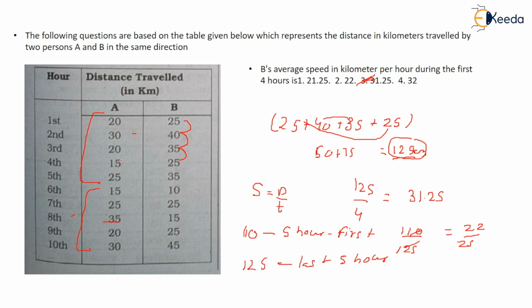Okay, so when you add all those till the 8th hour, you can add this 5 plus 5, that is 10, 15, 20, 25. So 5 in the last goes up, and after adding, 185 kilometers it covered for A in those 8 hours. For B we will do the similar calculation.